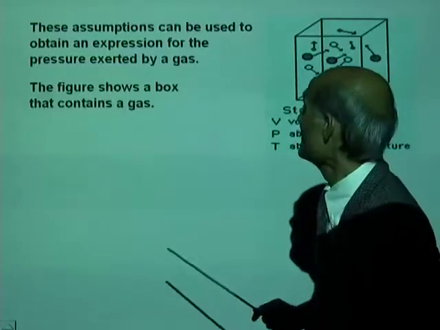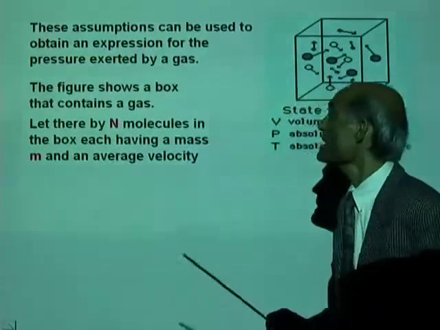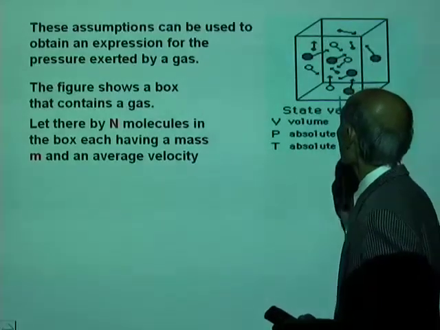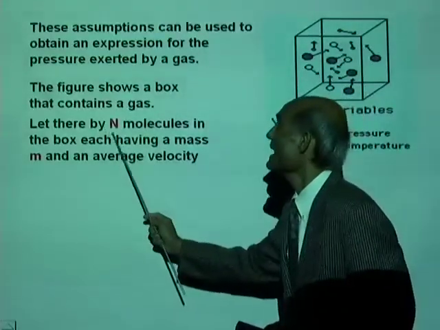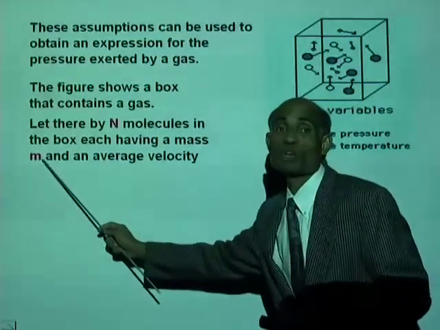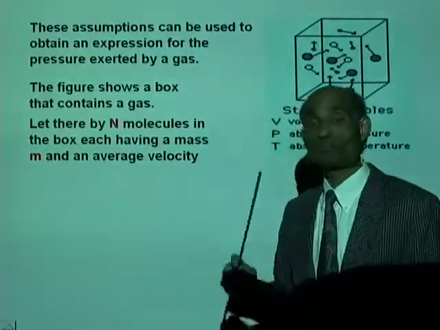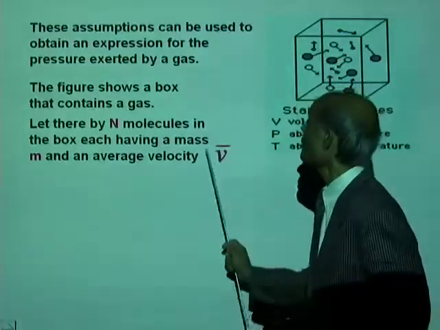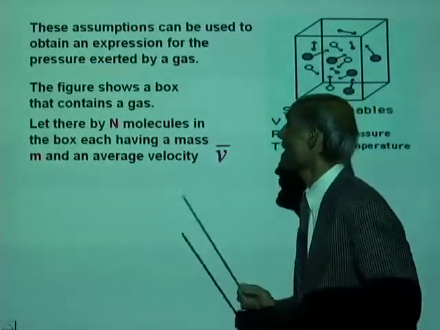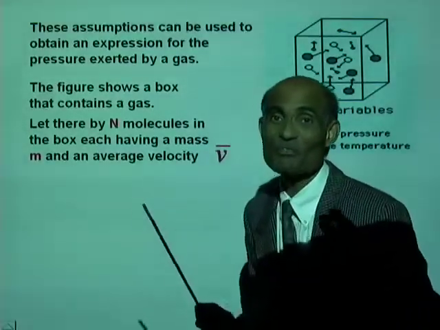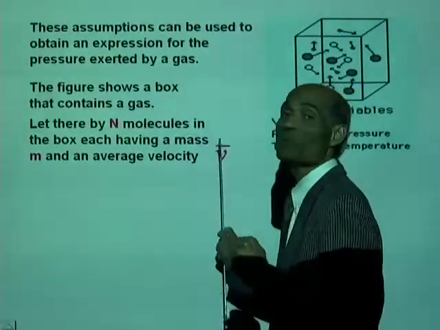All right? Now, let there be n molecules. Let the total number of molecules in this box be n. And let the mass of each molecule be small m. So watch all these assumptions that we make. Now, we assume that the average velocity of a molecule is v bar.